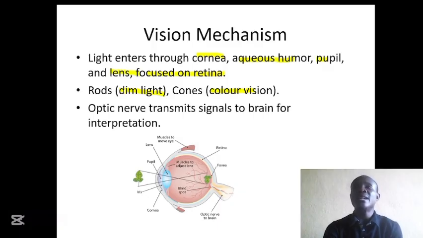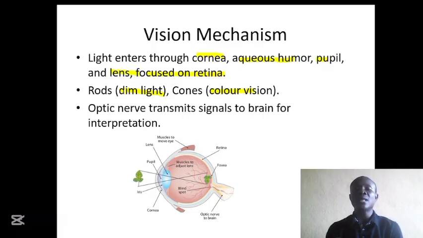The rods are responsible for black and white vision, while the cones detect colors. As I said, there are three main colors, which are red, blue and green. Based on the combination of these colors, we can have various colors like purple, maroon, mauve, etc.